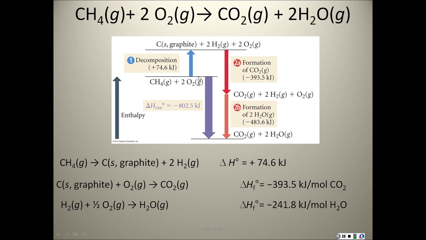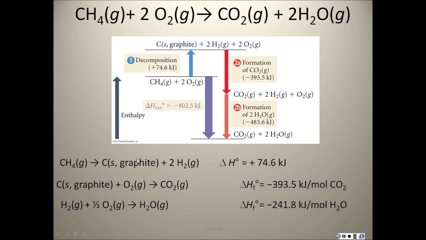So they've done the math for you. It's endothermic. Heat was put in to do this, and it's a decomposition. So we get a positive 74.6 kilojoules of energy into the system from the first step.